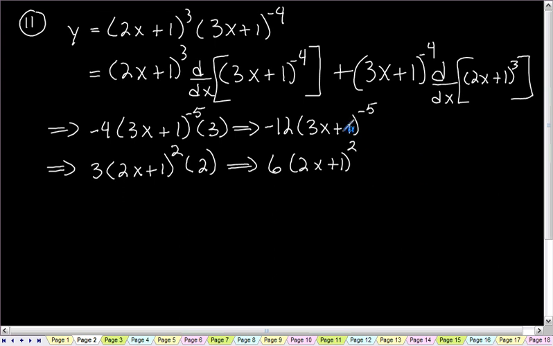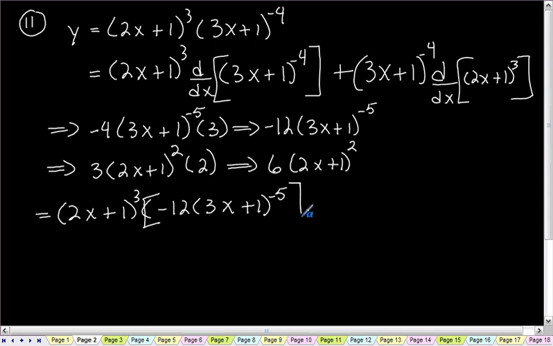Now we plug both of these back into the derivative we're supposed to get. So this becomes, as we wrote down before, (2x plus 1) to the third power times the derivative we found, which is -12 times (3x plus 1) to the -5. That's that derivative there.